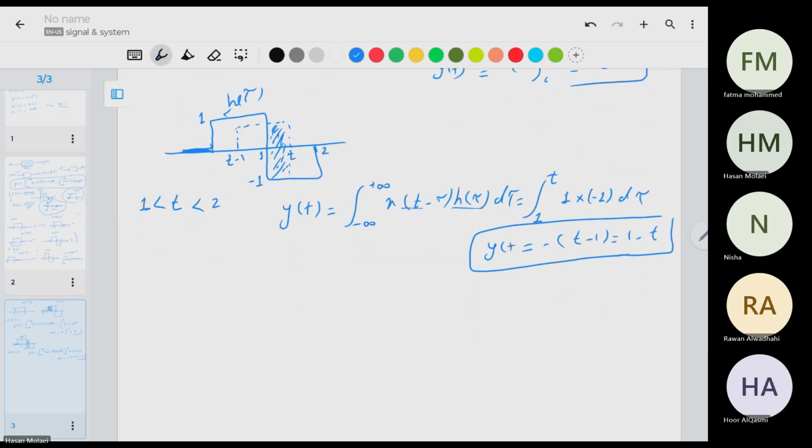Again, I try to move x a bit more. Oh, my bad. You're right. I forgot that part.